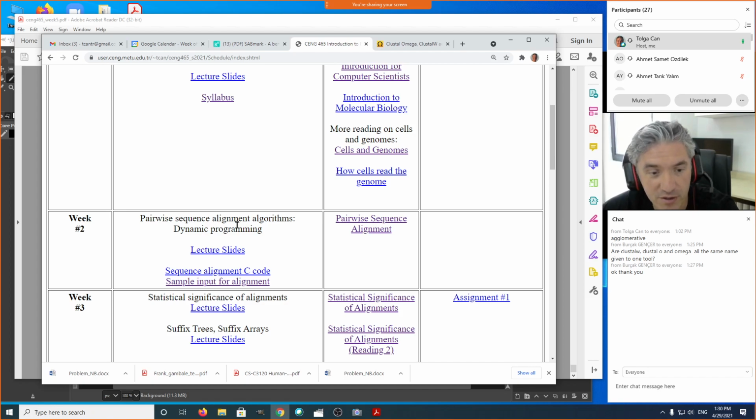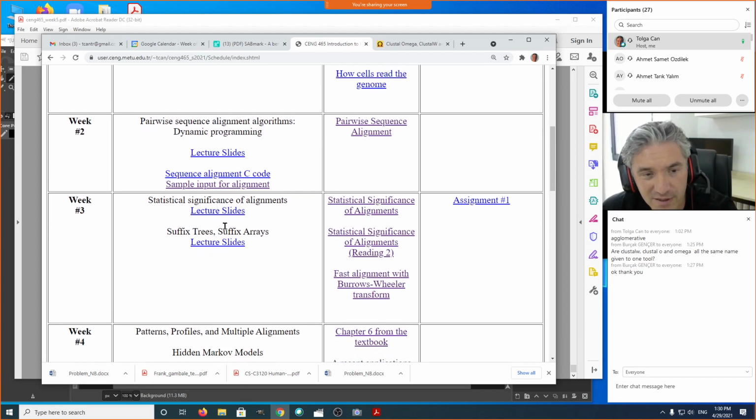And for the statistical significance of alignments, we have seen what the e-value means, and some statistical significance measures, so you should in general know what they mean. You shouldn't memorize any formulas, since this is going to be an open book exam, where you'll be able to refer to the slides during the exam.